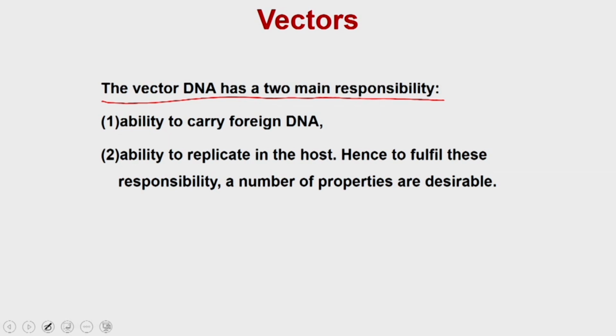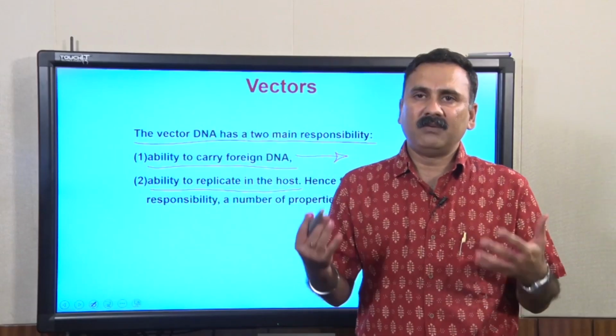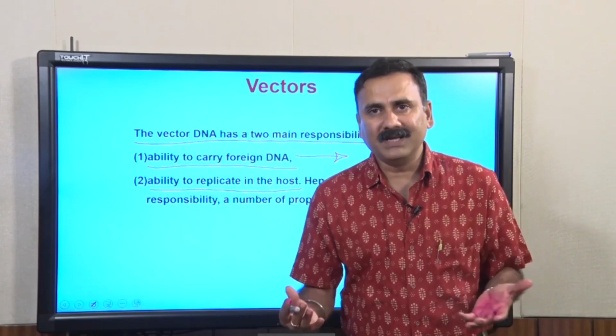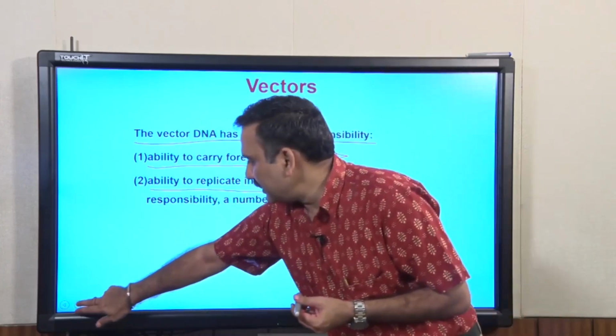It should have the ability to carry a foreign DNA, and it should have the ability to replicate in the host. To carry the foreign DNA and replicate in the host, vectors should have certain desirable features or properties. So, what are these properties?